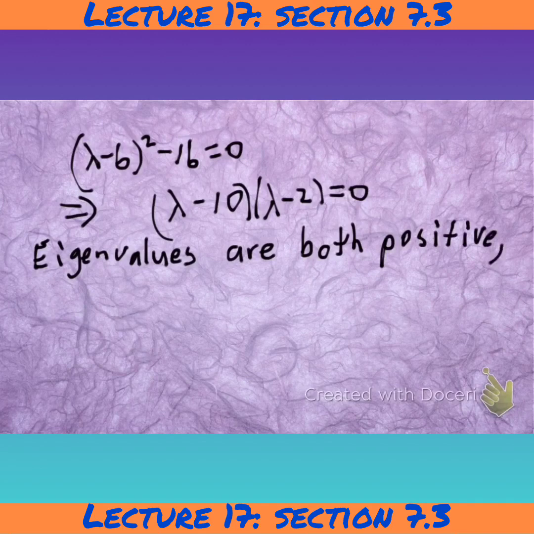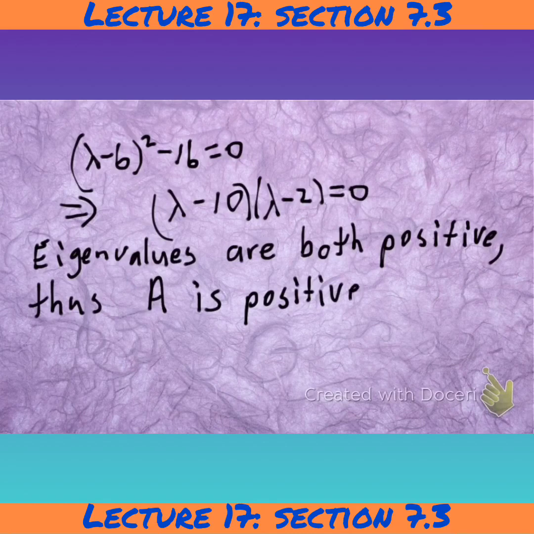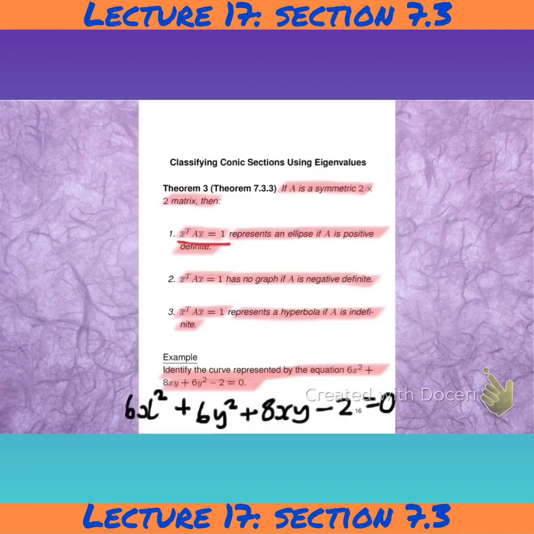Right, so thus, according to the previous theorem, A is positive definite, and this says the curve will represent an ellipse if A is positive definite.